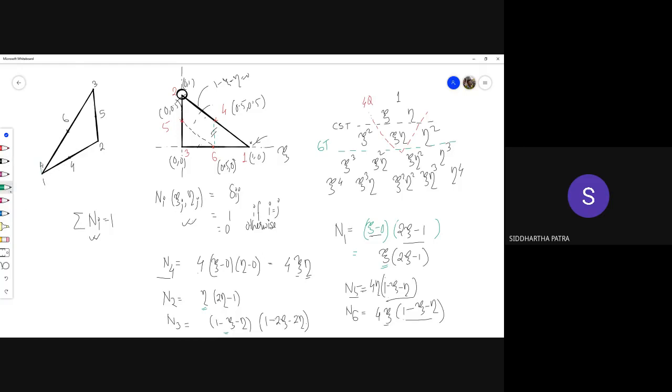So what I'm trying to say here is since there are 6 nodes, there would be 12 degrees of freedom: u1, u2, u3, u4, u5, u6, u7, u8, u9, u10, u11, u12. Okay, so this part is pretty standard.